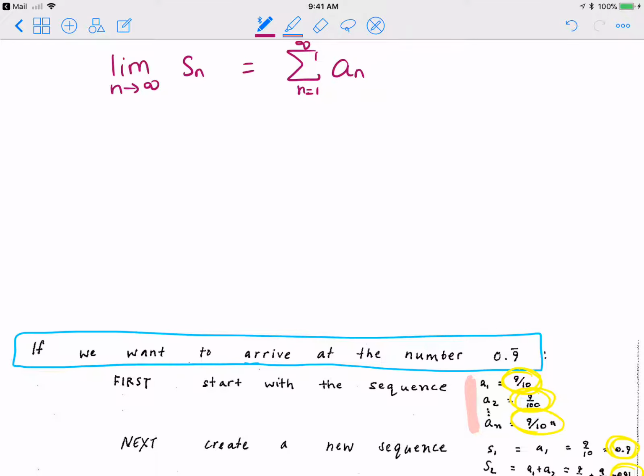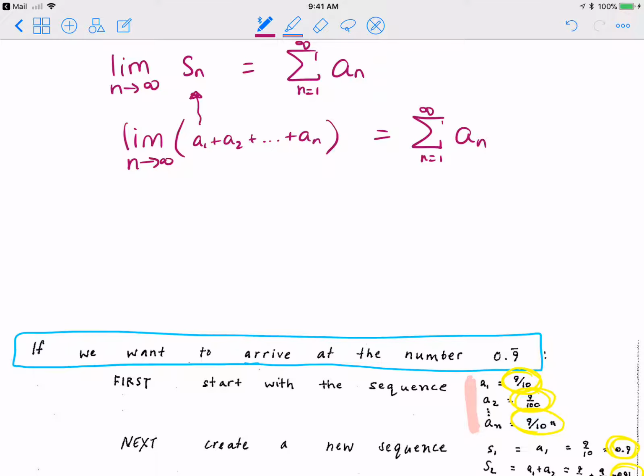Now another way to write that, since Sn is really a1 plus a2 plus dot dot dot plus an, so we're saying the limit as n goes to infinity of this is this infinite series. And sometimes you'll see it just written as a1 plus a2 plus a3 plus dot dot dot. So these notations all mean the same thing.